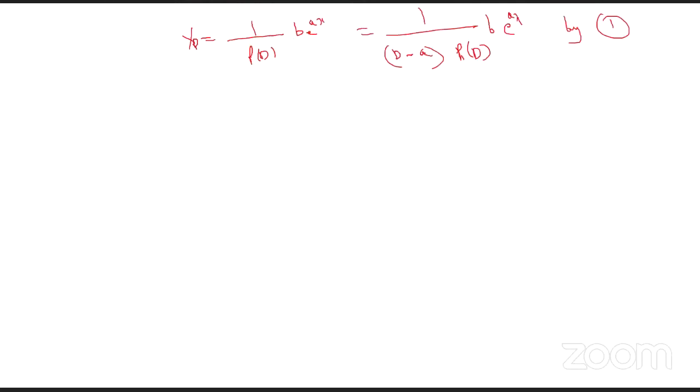So 1 by (D - a)^r of B e^(ax) divided by P1(a).